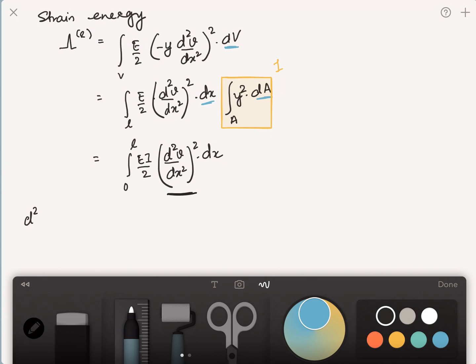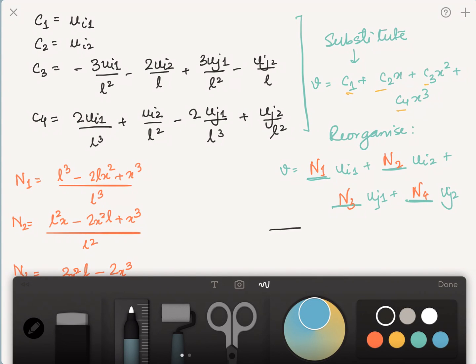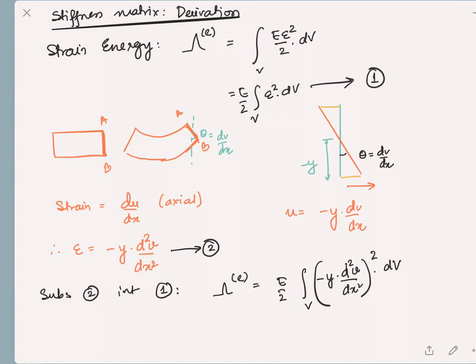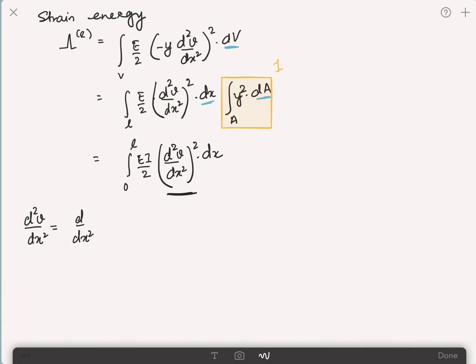Now we know that d square v dx square is given as the d dx square of v. Now the v, if you remember correctly, or let me scroll back to that, the v can actually be described using this relation. So we can write the d square v dx square to be equal to d dx square.